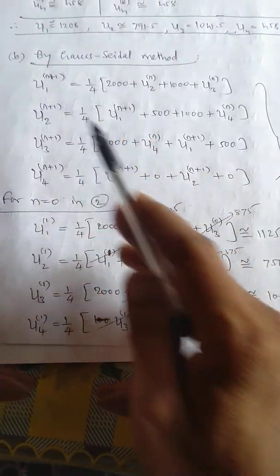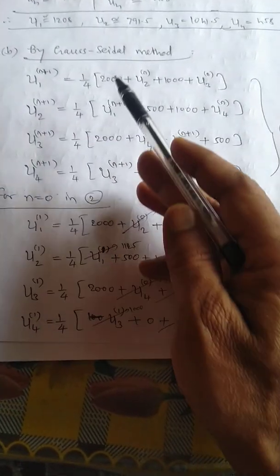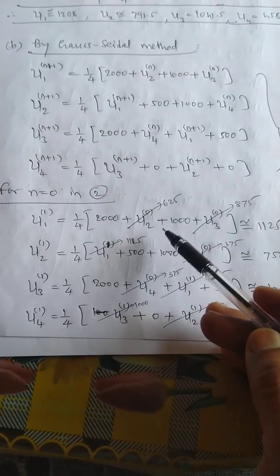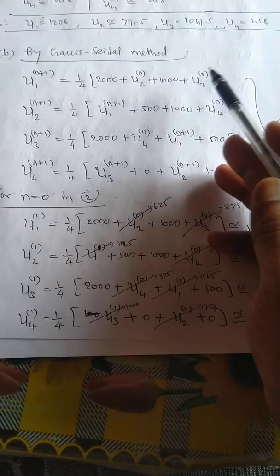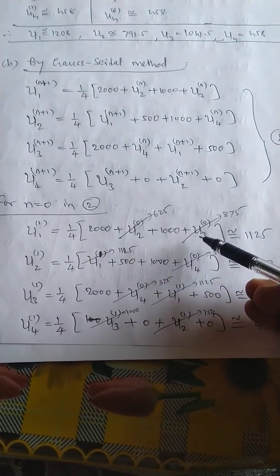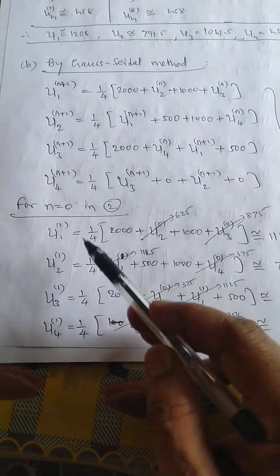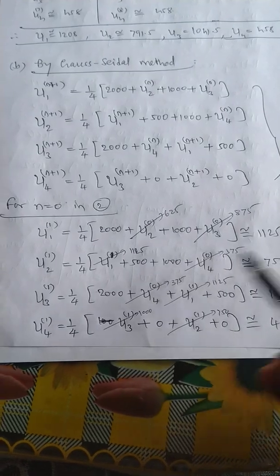Putting n equal to 0 in this, we have U1(1) is equal to 1/4 of 2000 plus U2(0) plus 1000 plus U3(0), and U2(0) is 625 and U3(0) is 875 from the initial values. Substituting and simplifying, we have 1125.